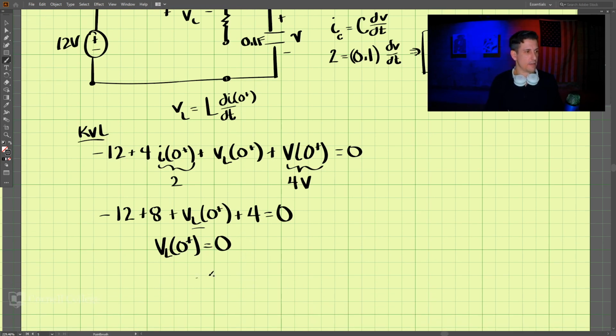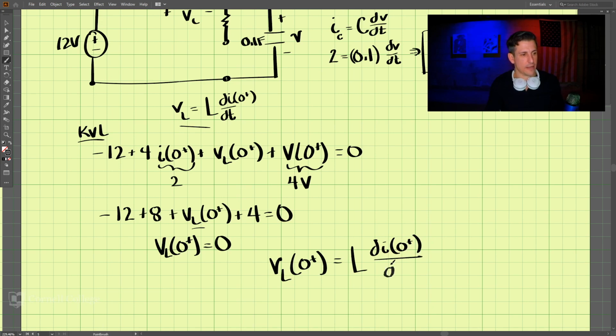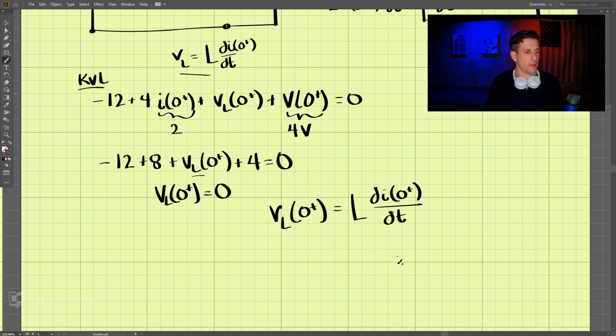And that means that if we want to figure out this now, we have VL(0+) is equal to L dI(0+)/dt. The left-hand side is 0, and L is 0.25 Henry.